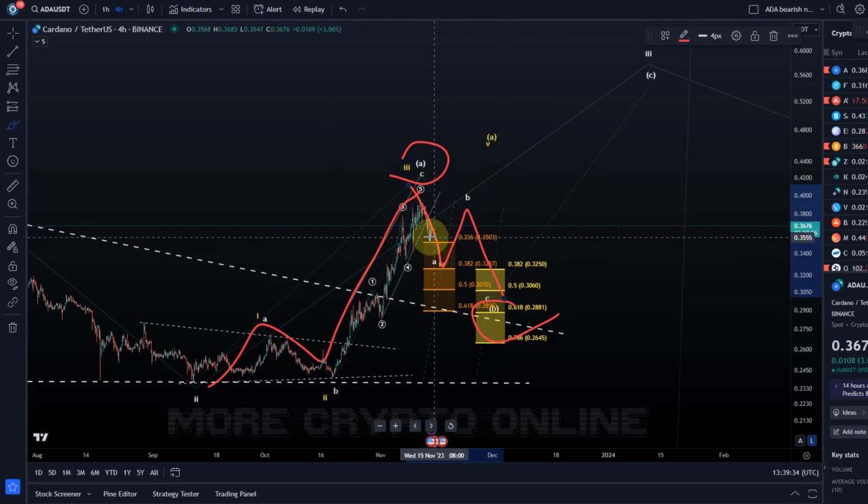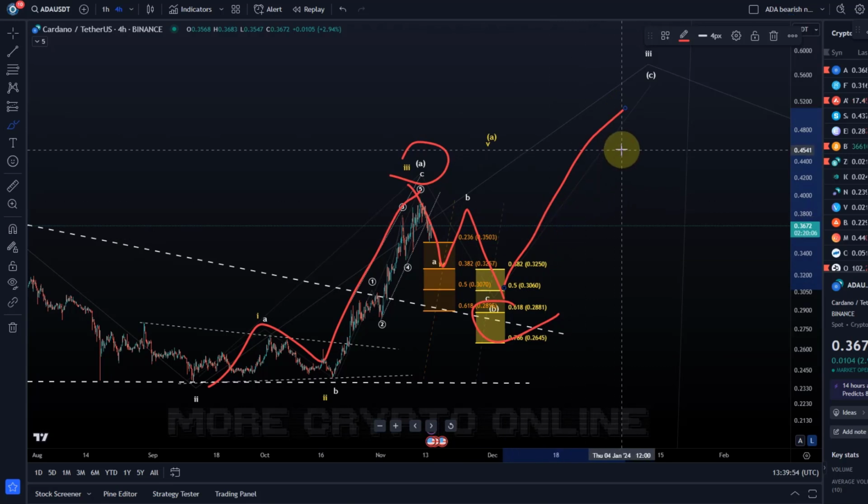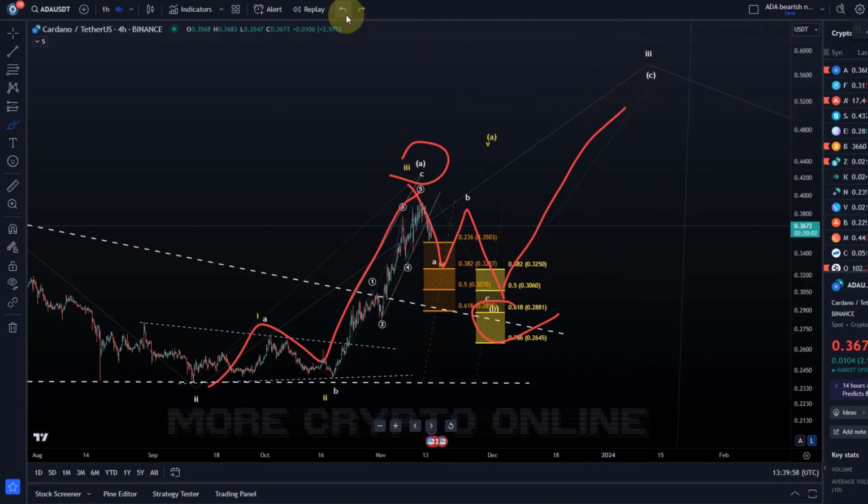And we should see a reaction to the orange box in wave A, then rally in wave B. If the rally is corrective, we should see a C wave break down into the yellow support box between 26.4 cents and 32.5 cents. And then if the pullback is a three wave move, and we're holding 26.4 cents, then the C wave later should follow through to the upside into the 50 cent region, maybe even a little higher.